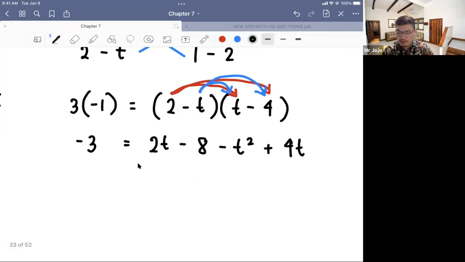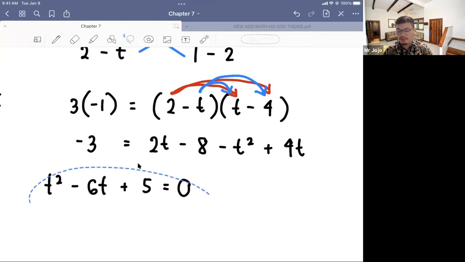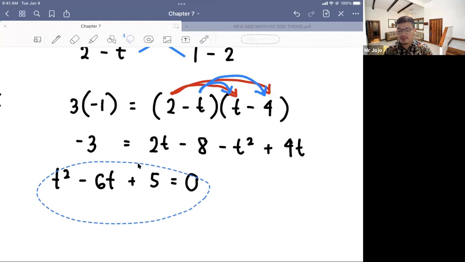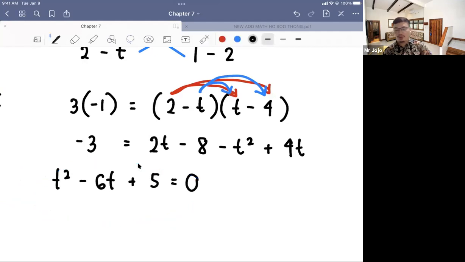So this is quadratic, right? So I'll rearrange this back into standard form. You'll get t squared minus 6t, and then positive 8, so we have plus 5, right? Equals 0. There you go. So this is now in standard form for a quadratic equation.